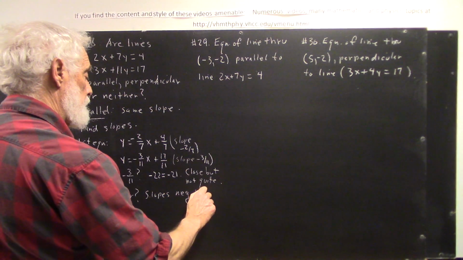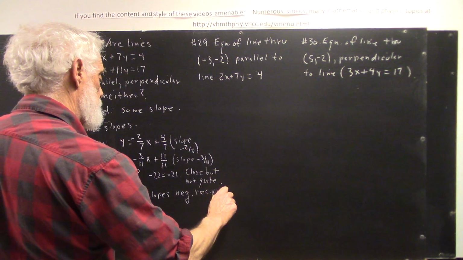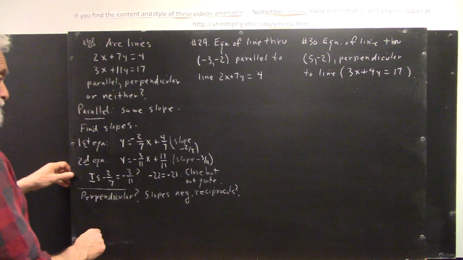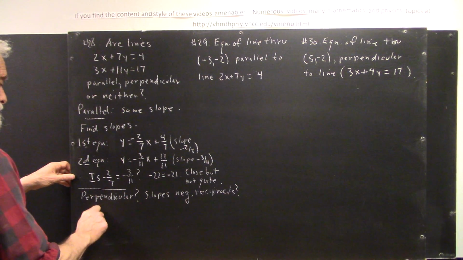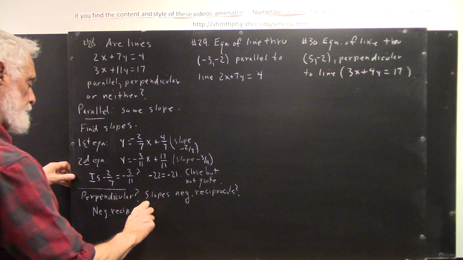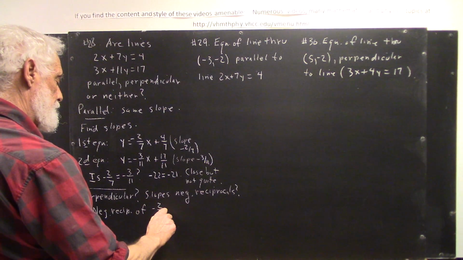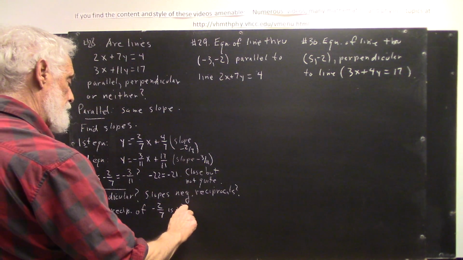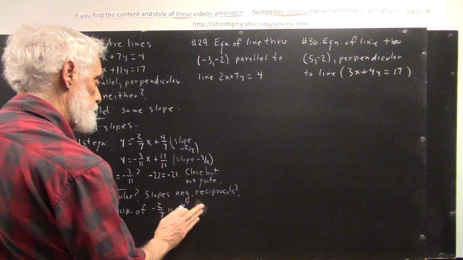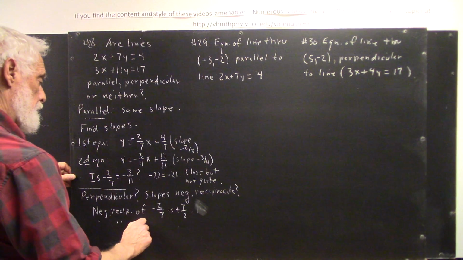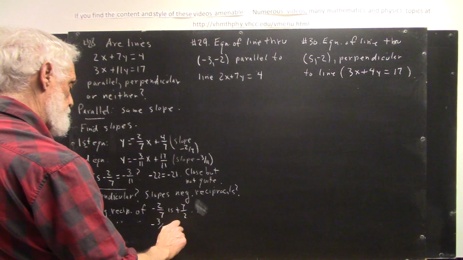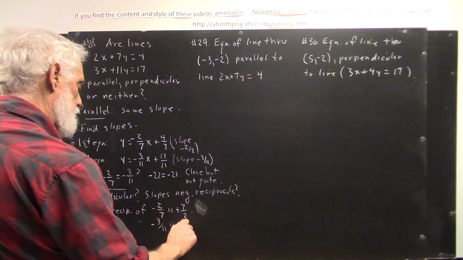Okay, perpendicular. The slopes would have to be negative reciprocals. Well, the negative reciprocal of negative 2/7 is plus 7 over 2. And the negative reciprocal of negative 3/11 is plus 11 over 3.